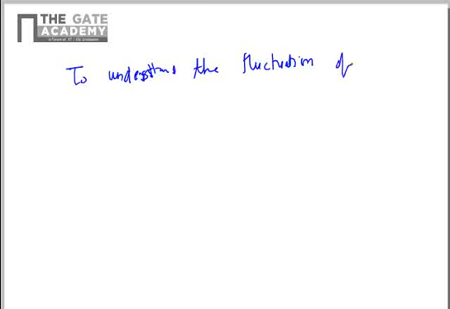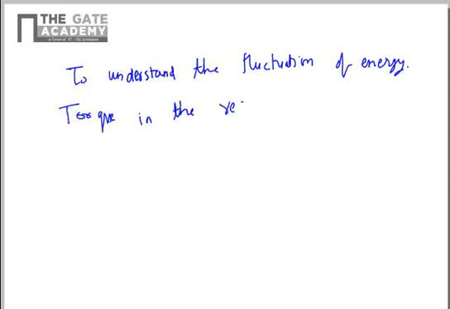So the first requirement for doing calculation of a flywheel is to understand the fluctuation of energy. So for that we have to look into the working of an IC engine or a reciprocating engine. So we will consider the torque in the reciprocating engines.